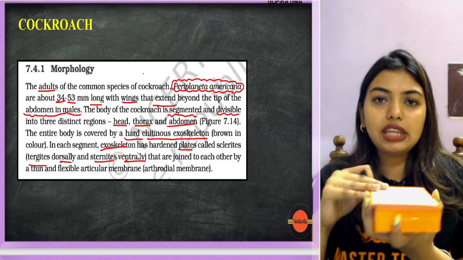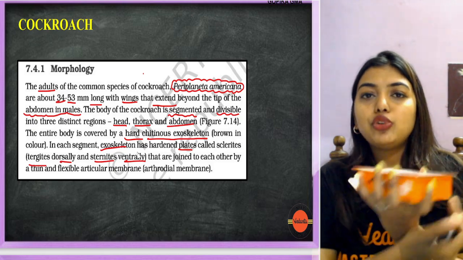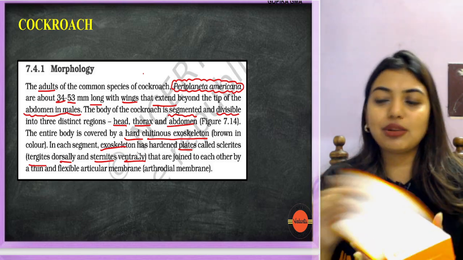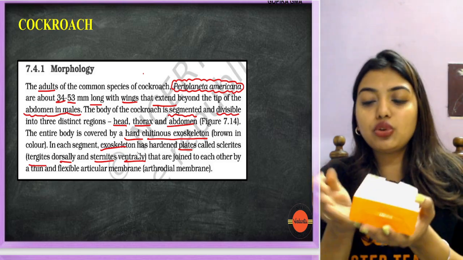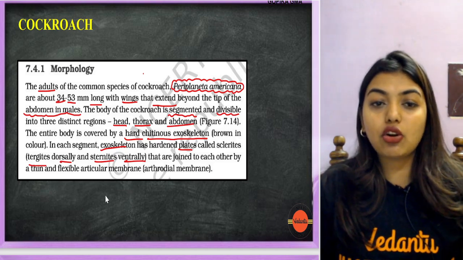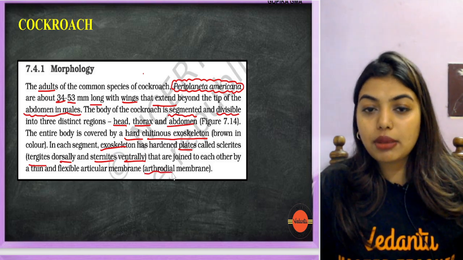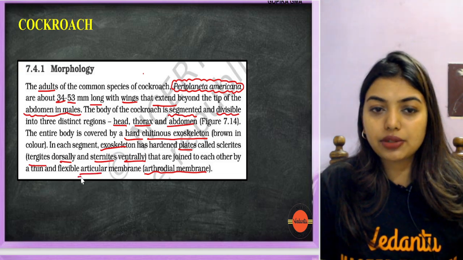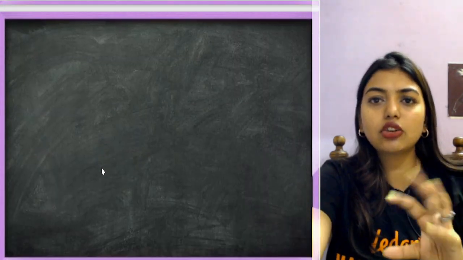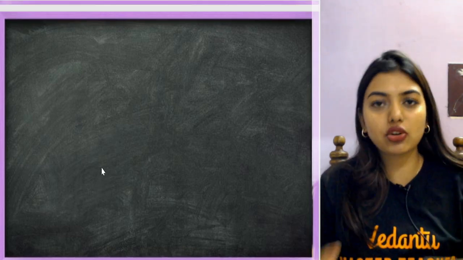Now what is going to happen? Imagine these plates are not attached together. When the cockroach is walking, parts of the body will keep falling off, right? So to keep all these plates together, we have a membrane called the arthrodial membrane, which will help for the articulation. And it is flexible. It is not like the cockroach cannot move and is put into a box or something.